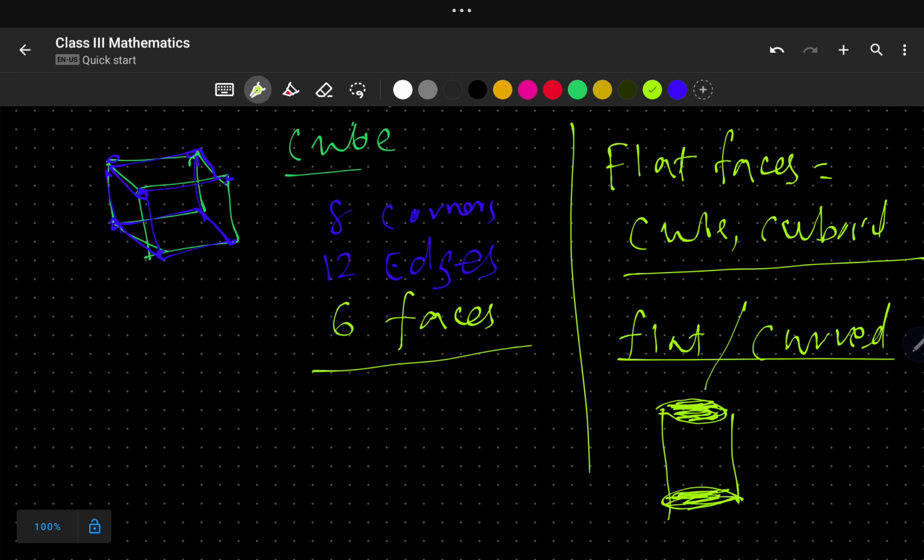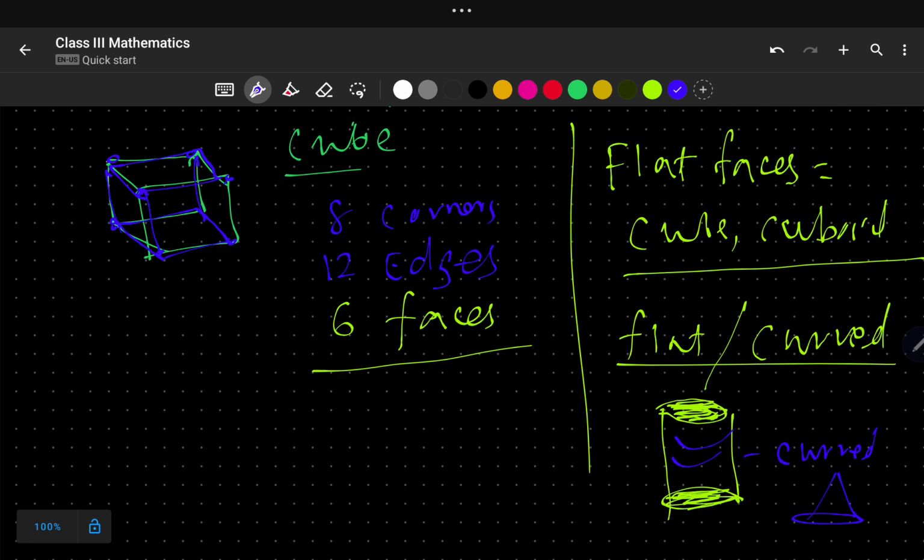Two flat faces, whereas this part is a curved face. So the shapes with both flat and curved faces are the cylinder. Even cones are also there. Cylinders and cones all come under this category.